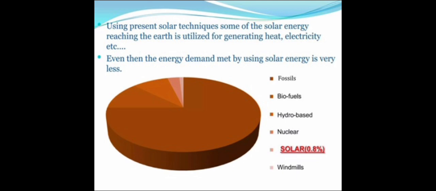Using present solar techniques, some of the solar energy reaching the earth is utilized for generation of heat and electricity. Even though the utilization of solar energy is increasing day by day, it is still not utilized at its full potential. Only 0.8% of energy is utilized from solar energy resources.